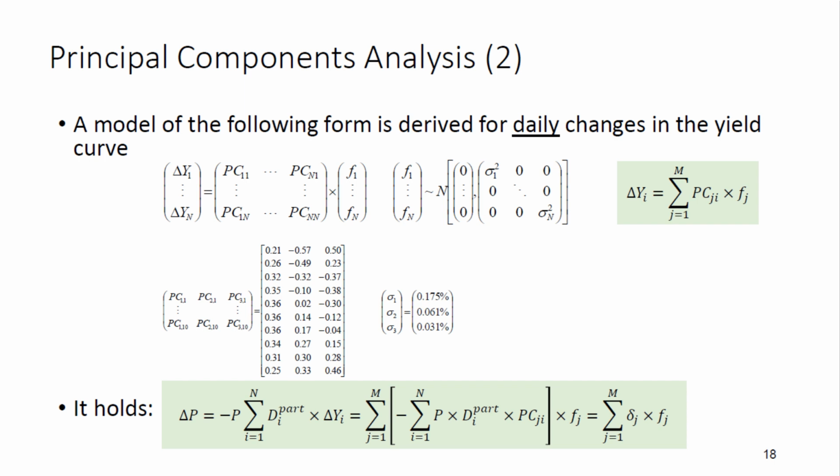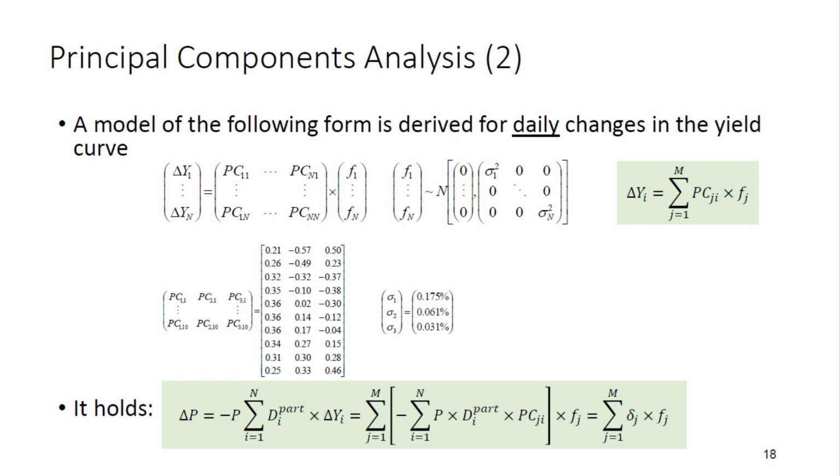So what's important now is that we already had the linear relationship between a change in the return of a portfolio and the change in the yields that apply to that portfolio, because those were the partial durations that we will use.